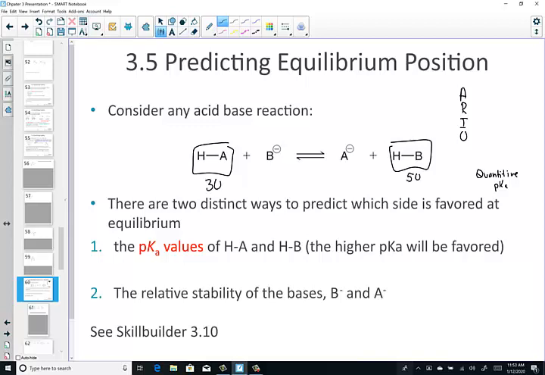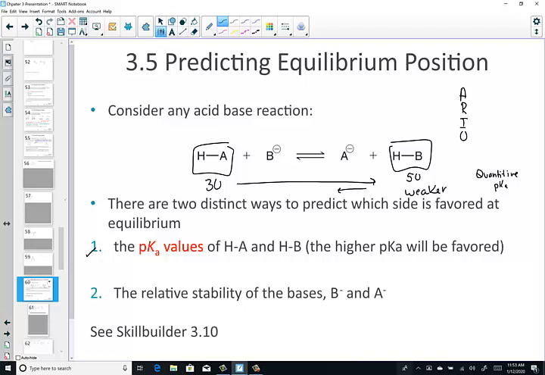Those are larger numbers, so these would be weak acids. But definitely we saw that the equilibrium would favor the production of the weaker side. So the equilibrium lies on the side of the weaker acid. And so we did that using pKa values. The higher pKa will be favored since that's the weaker acid.